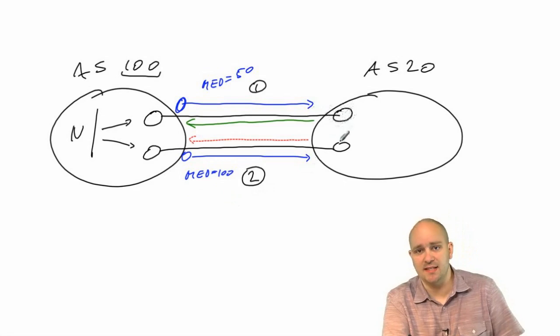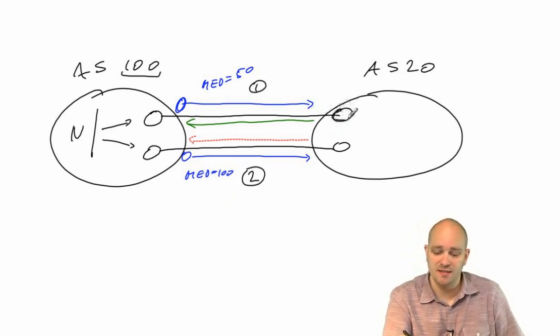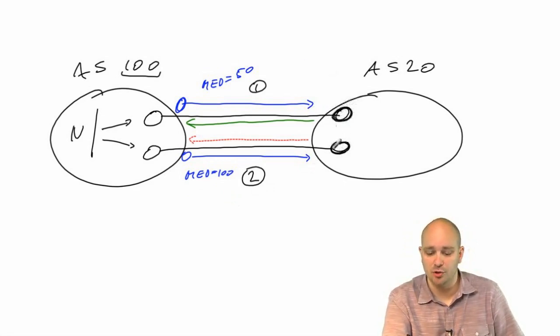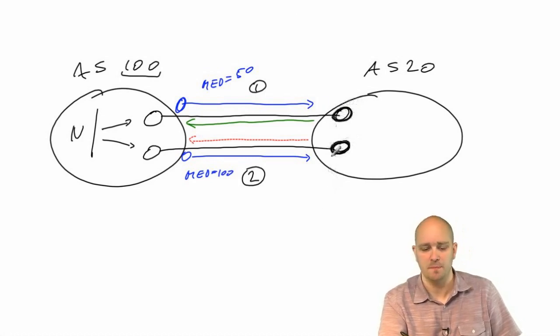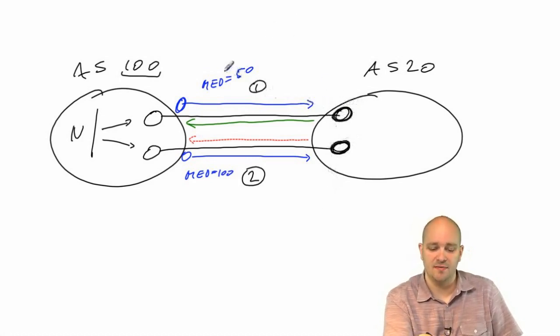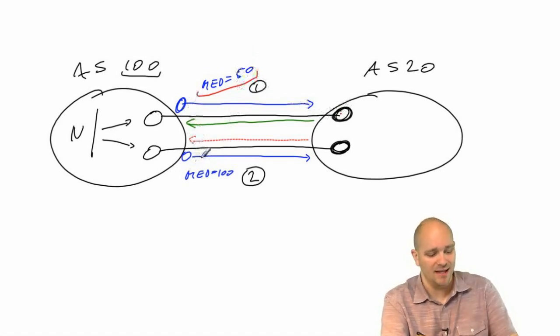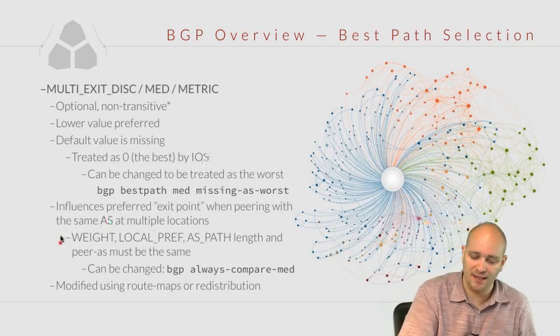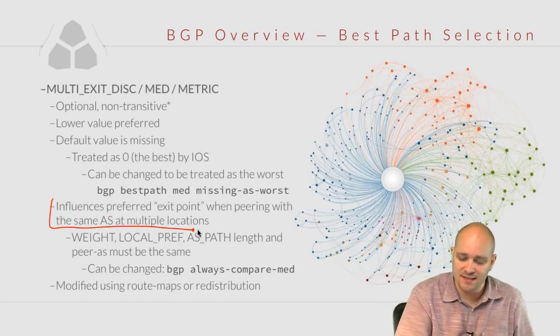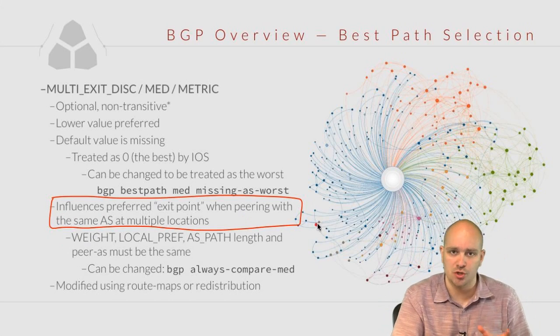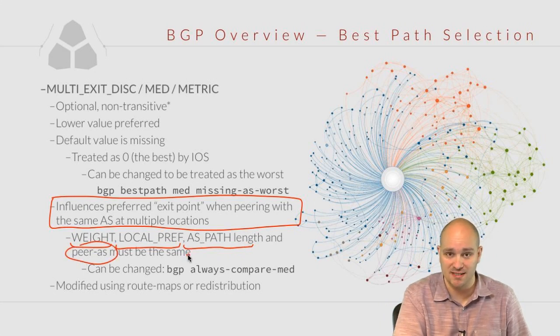This multi-exit discriminator is then going to be received by this router here, and it's going to be received by this router here. Now, given that this MED 50 here is received on this router and that all other attributes up until this point have been equal, and that's actually crucial, in order to make use of the multi-exit discriminator, weight, local preference, AS path length, and the peer AS must be the same.